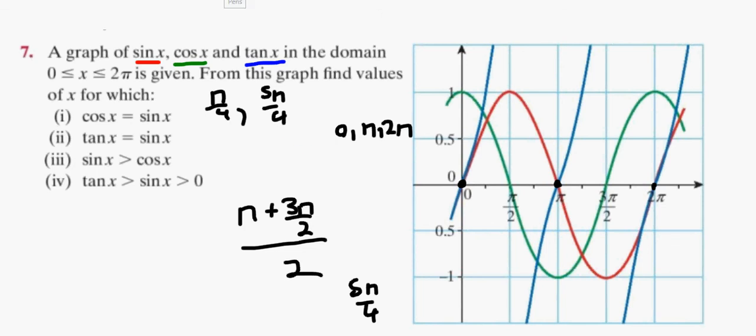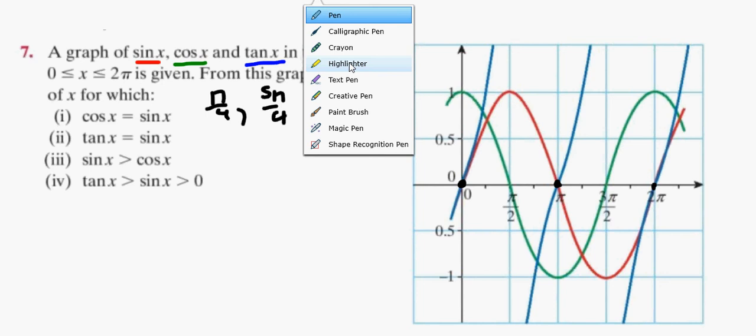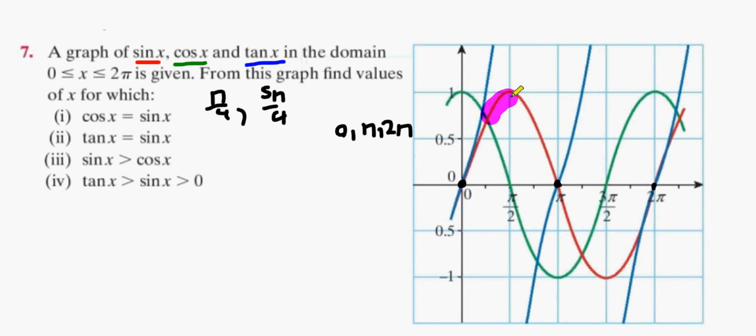And nextly, when is sine x bigger than cos x? When is sine x a bigger value than cos x? So sine x is the red line. When is the red line bigger than the green line? Red line is higher up than the green line.